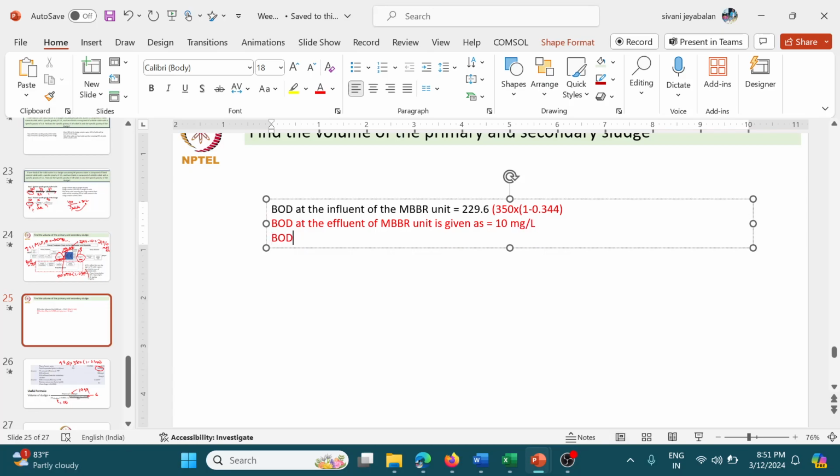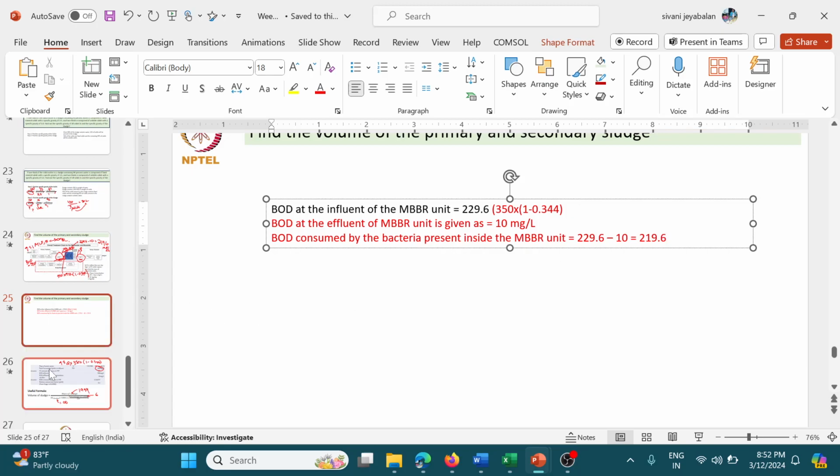So BOD consumed by the bacteria present inside the MBBR unit is equal to 229.6 minus 10, which is equal to 219.6.